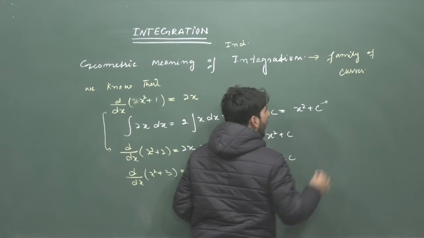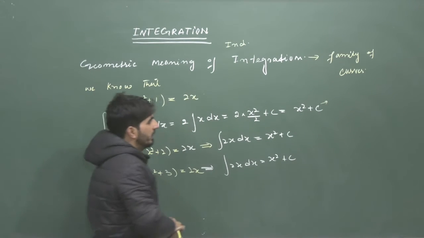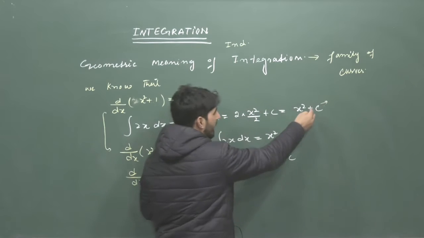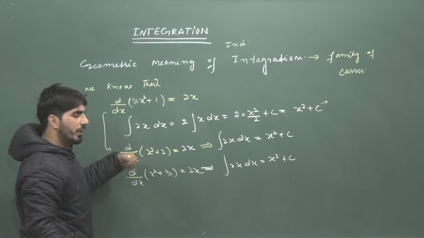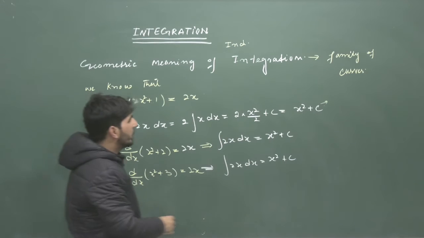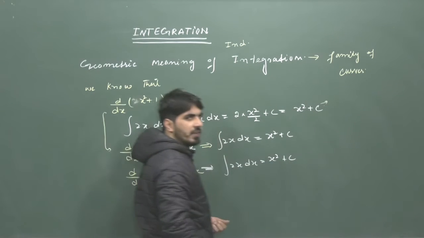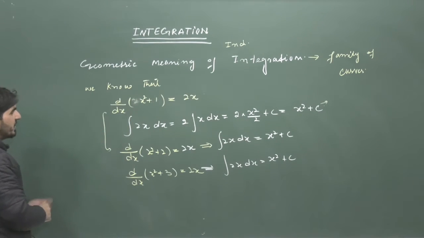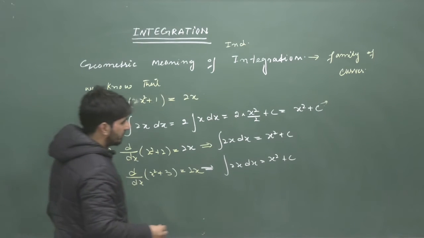So this c is an arbitrary constant. It may be 1, it may be 2, it may be 3, and more particularly this is known as the integral constant. Let's sketch the graph of this function.